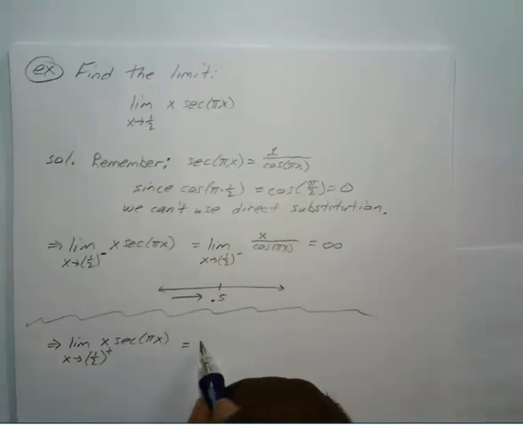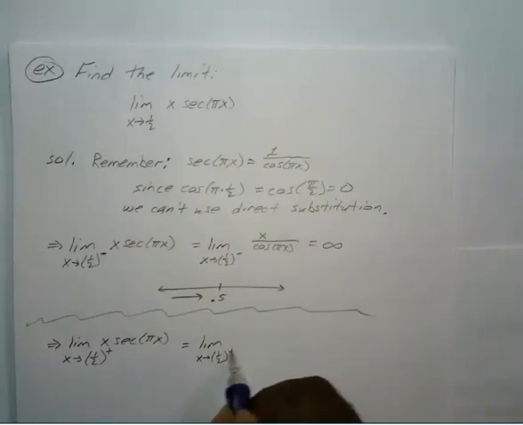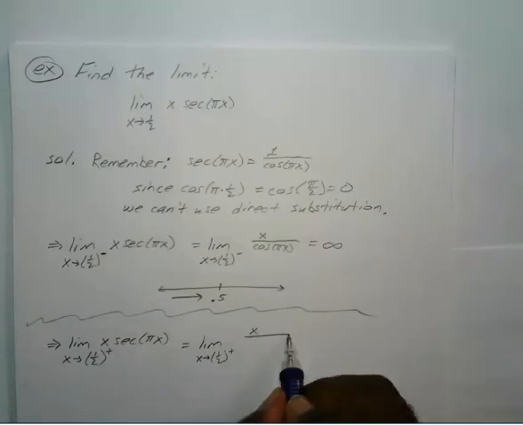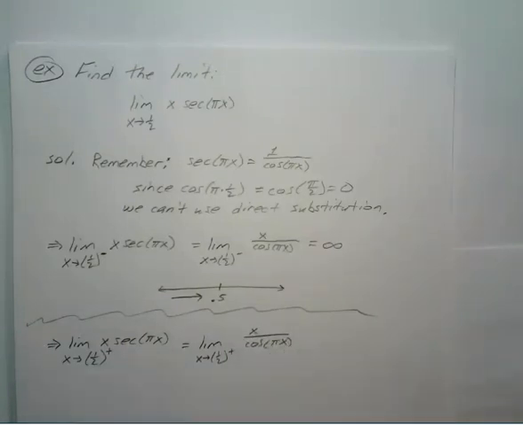Now, once again, the limit as x approaches 1/2 from the right, replace that secant, so that's x over cosine pi x. Now this time, using our trusty number line, remember 1/2 is just 0.5, and we're approaching that from the right.